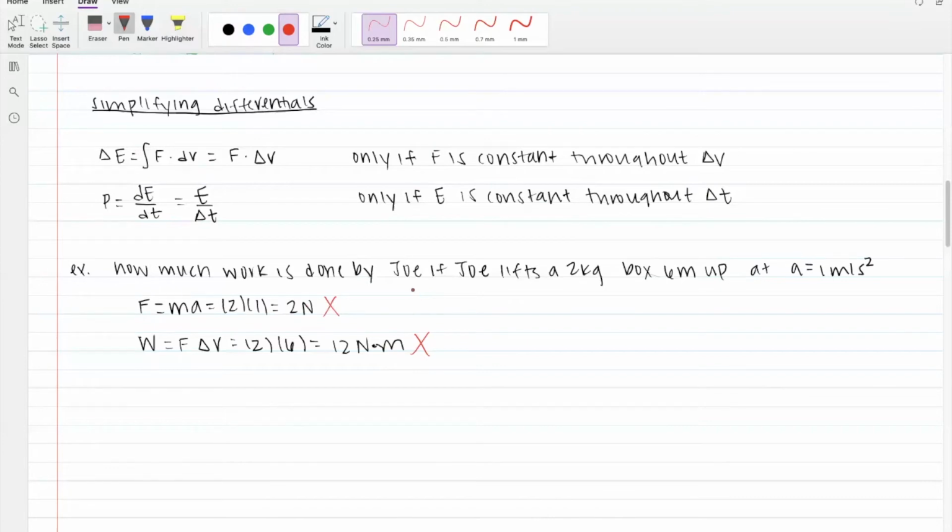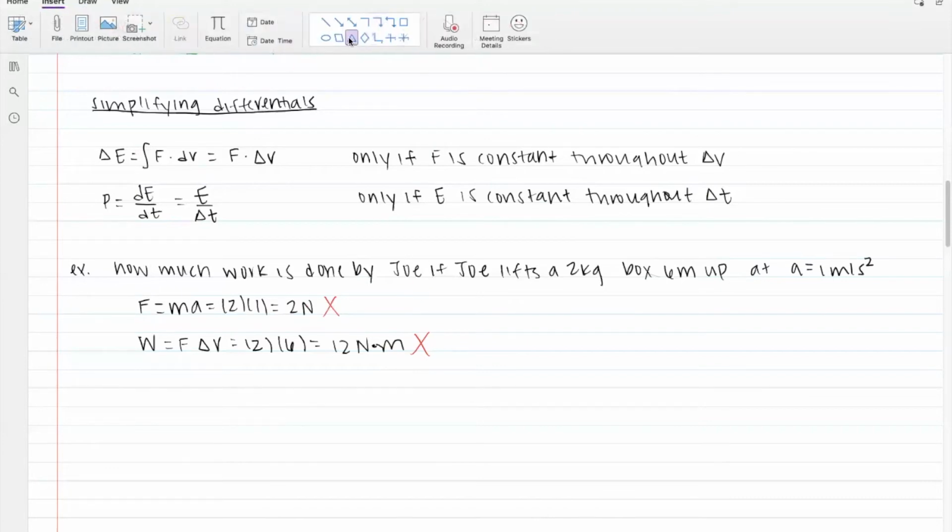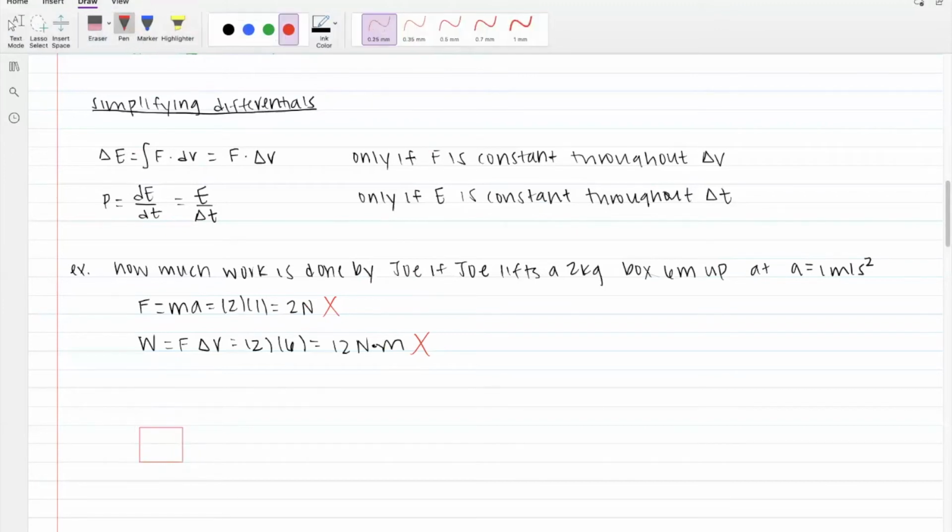You are forgetting the force of gravity. So let's draw our free body diagram. F of G, and then F of, let's say, Joe. So our acceleration is equal to the sum of all the forces divided by mass.